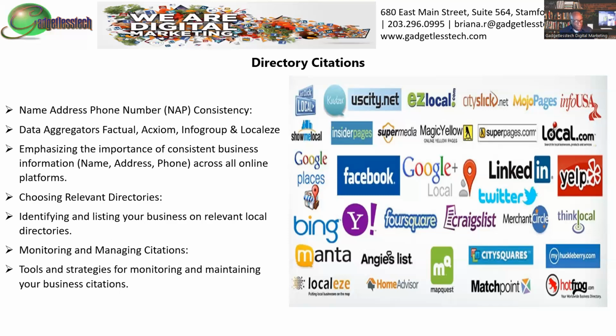You'll want to choose the most relevant directories. You'll obviously want to get all of the biggest ones, the most well-known ones that have very big authority and are trustworthy sources. And then you'll want to identify those local ones. There's paid and unpaid directories. Generally, the ones that are paid have more authority than the regular ones.